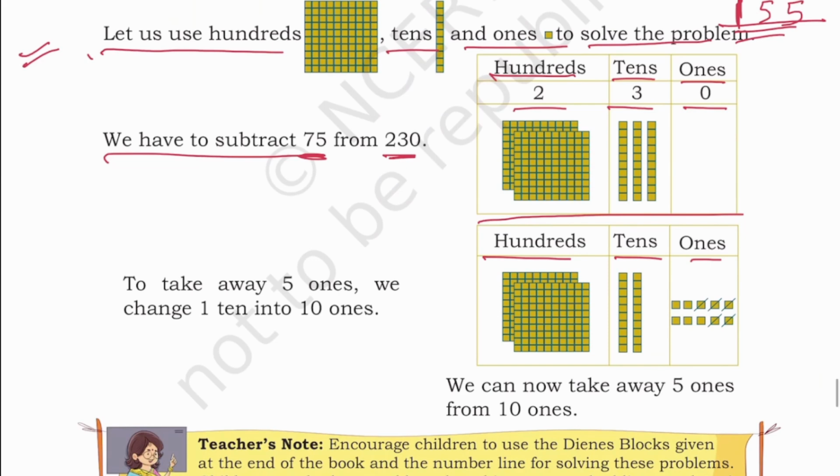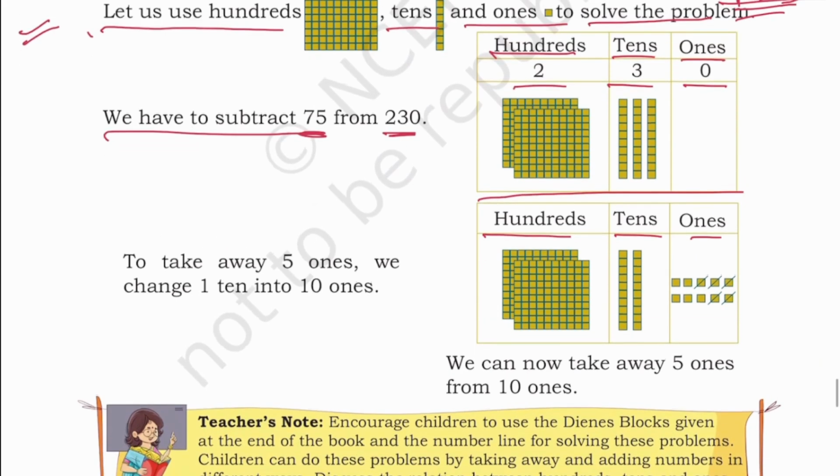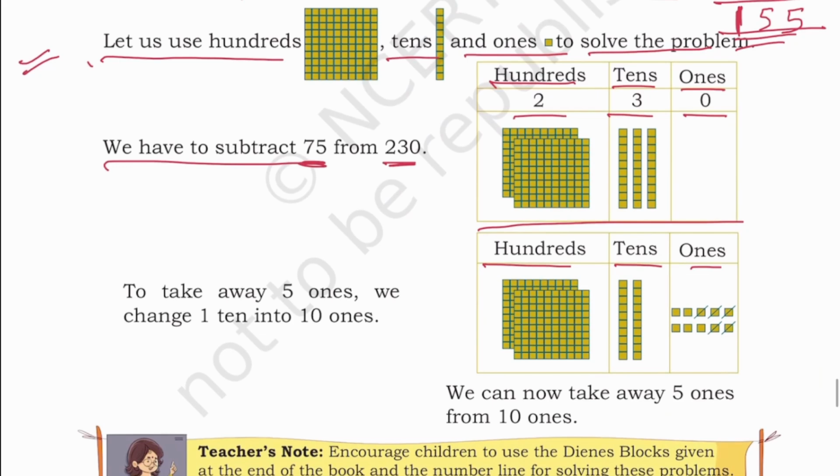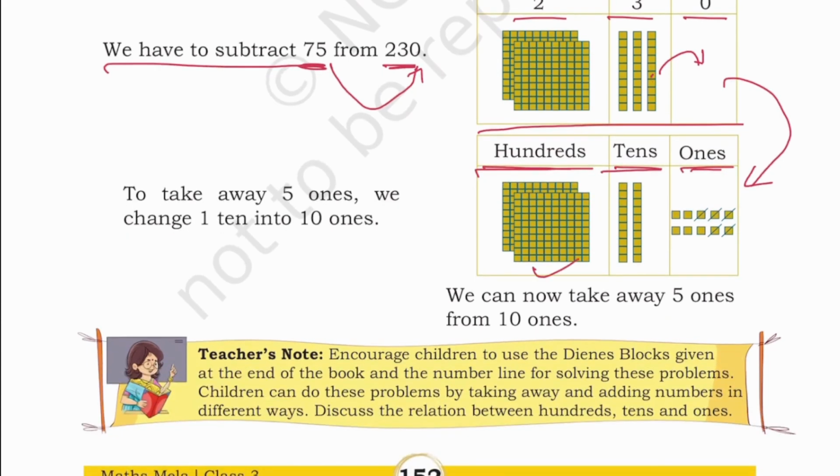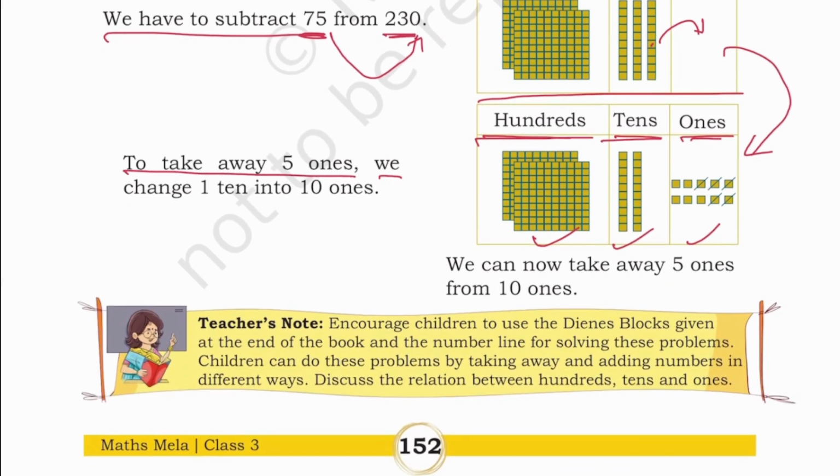If we subtract 75, 5 should be subtracted from this 0, and 0 is less than 5, so 1 ten must be brought to the ones. 230 can be written as 2 hundreds, 2 tens and 10 ones, that is 220 and 10. To take 5 ones, we change 1 ten to 10 ones. We can now take away 5 from 10 ones.